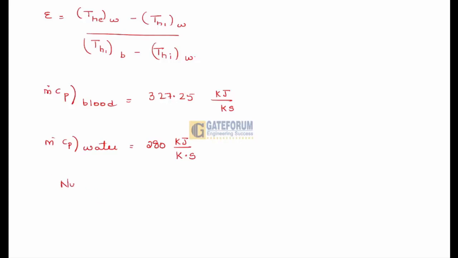Now substitute in this formula 18 minus 4 by 37 minus 4, which you will get as 0.4242. The effectiveness is 0.4242.